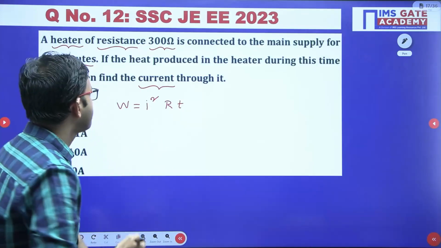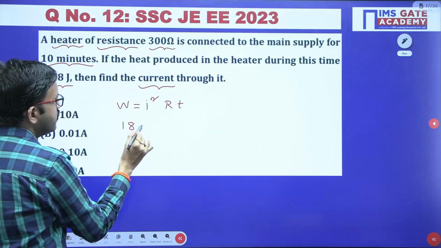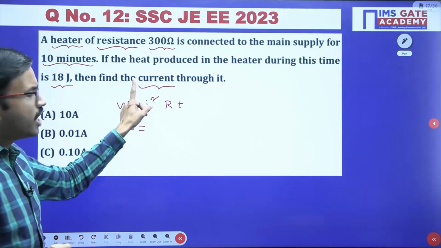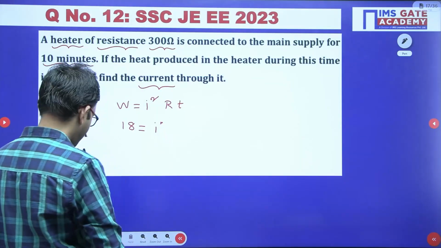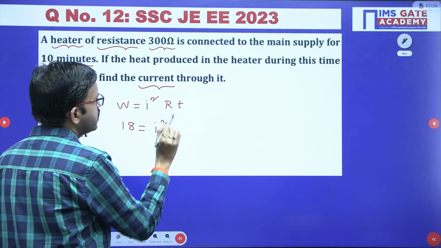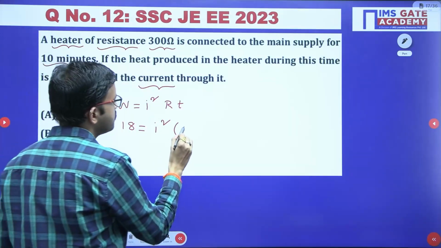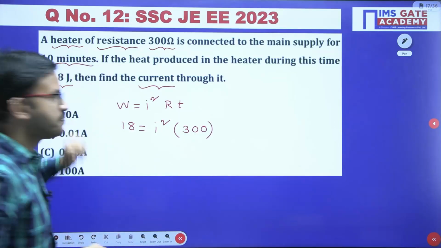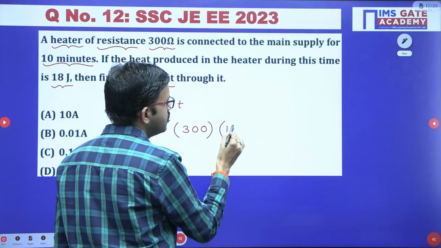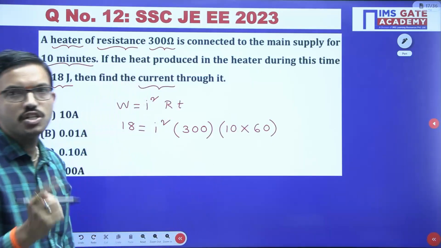So in this question, 18 joules is given and we have to calculate the current. The resistance value is given as 300 ohm, and the time is given as 10 minutes, and 1 minute equals 60 seconds.